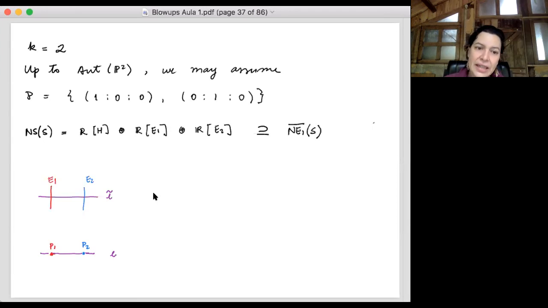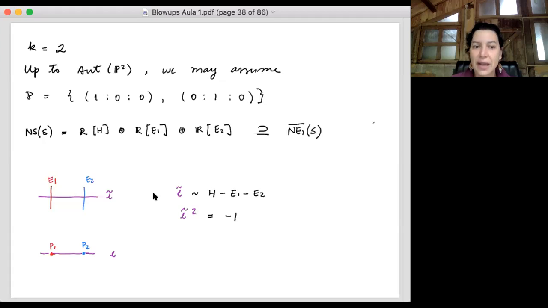If you take the line L connecting the points P1 and P2, and you look at the strict transform of this line, then you get this curve, which I denoted by L tilde. Of course, this L tilde is isomorphic to P1.